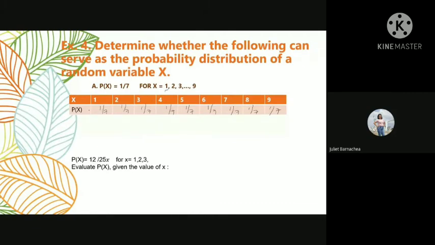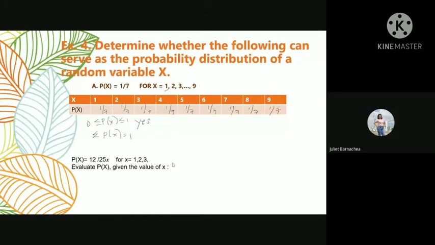Saka pa lang tayo magtitest. Is the value of the probability of X between 1 and 0? Yes, ang sagot. Is the summation of P of X equals to 1? Doon natin aalamin kung yes pa rin.